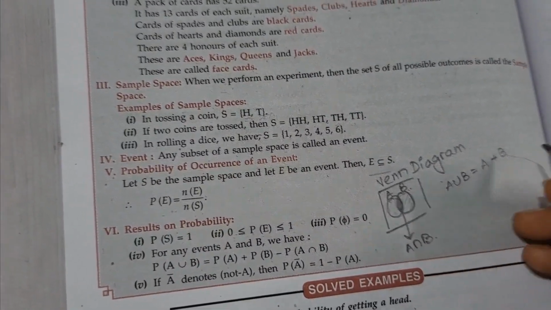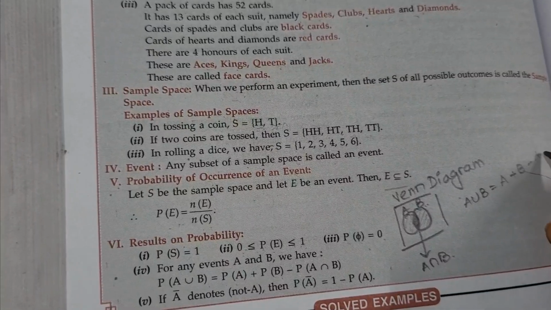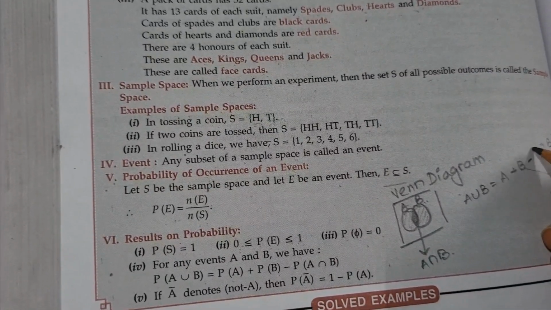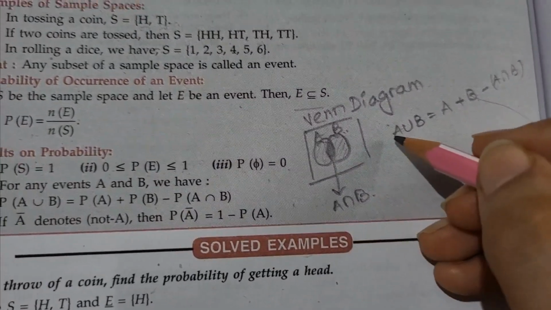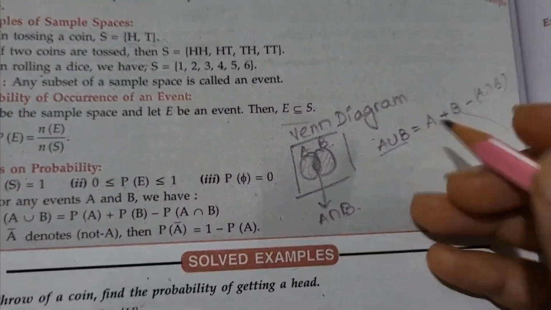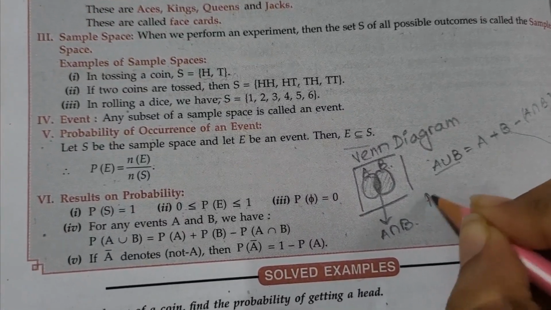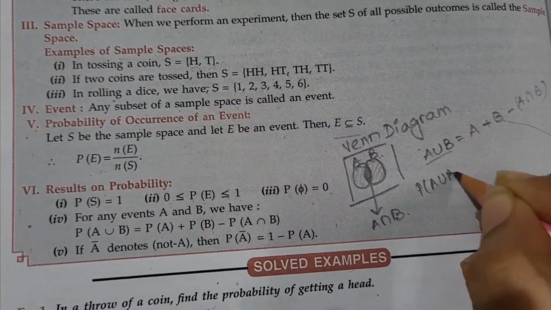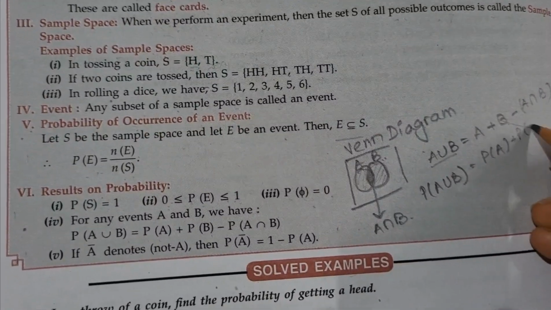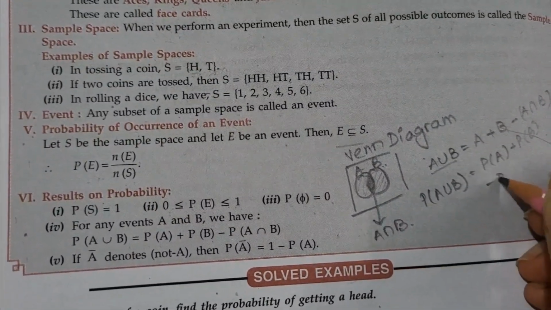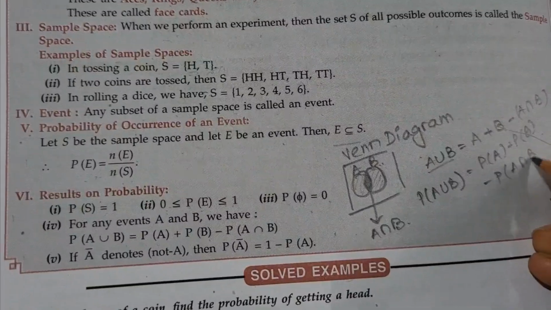So we are subtracting A intersection B, so that this part actually comes once and we get A union B. Now if we put probability on both sides, what do we get? Probability of A plus probability of B minus probability of A intersection B.